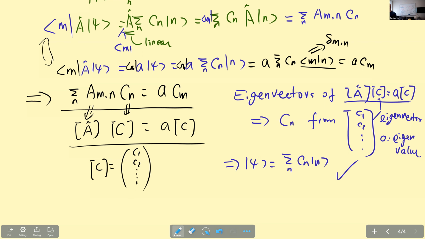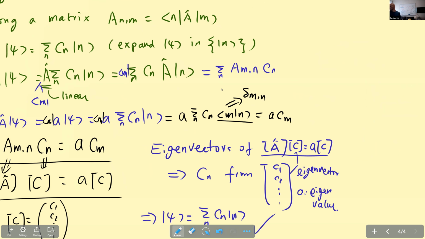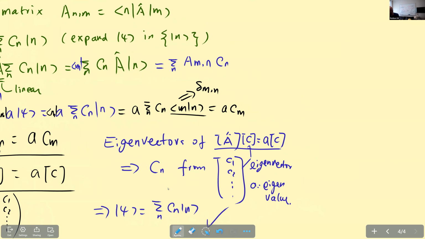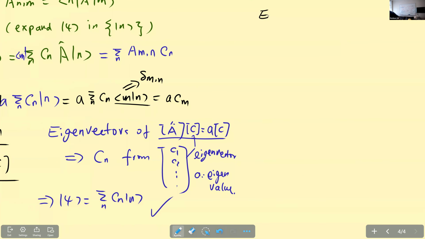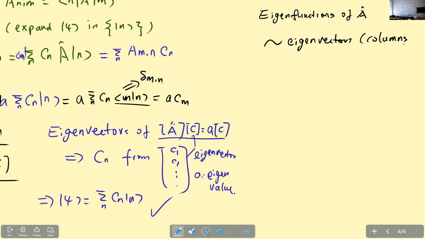Right, so this means the eigenfunctions of A are equivalent to the eigenvectors, which are columns of coefficients of the matrix A. So then you can use linear algebra.